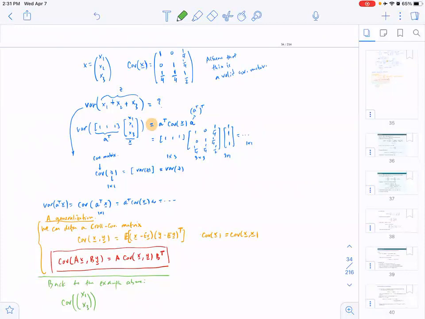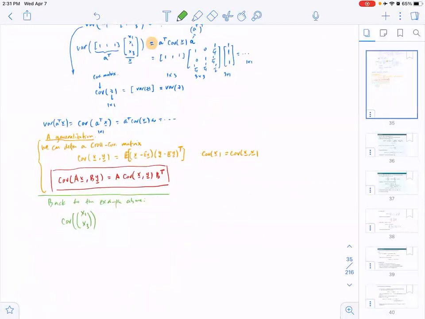It is a 2-by-2 matrix: the variance of x1, and the covariance of x1 and x3. And the symmetric entry, the covariance of x3 and x1, and the variance of x3. Yes, this is better, but they're equal. So how did you get this?